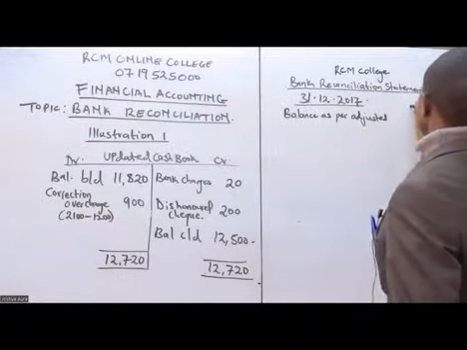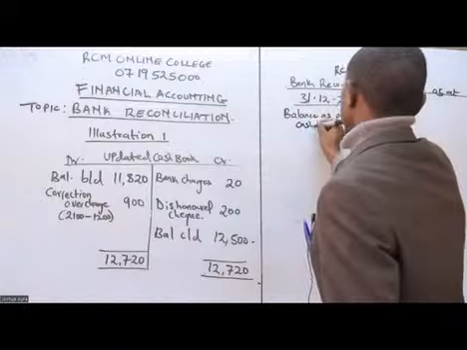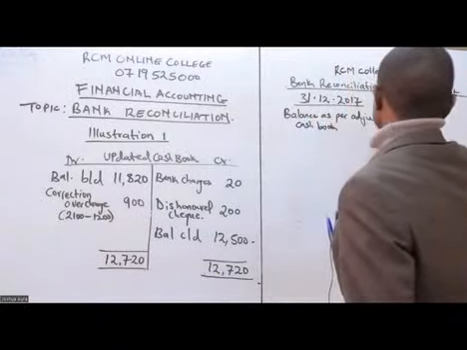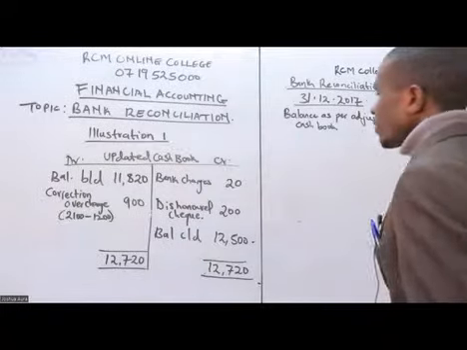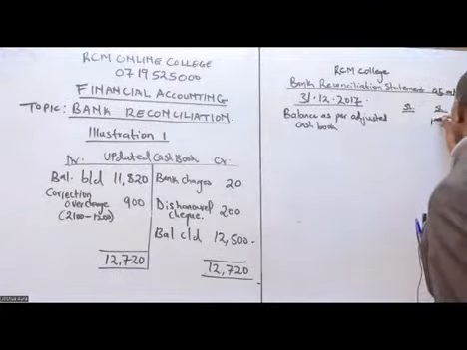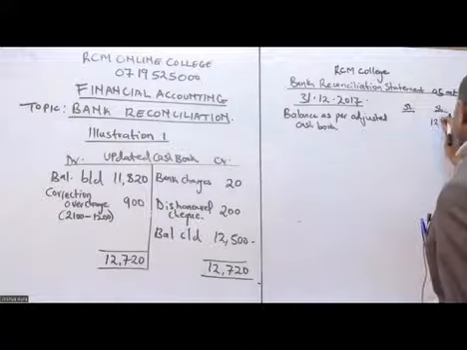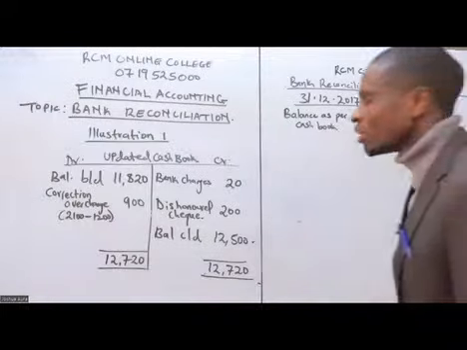You can have your shillings here. So the balance we have is 12,500.